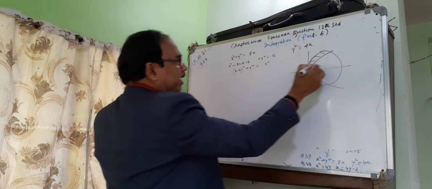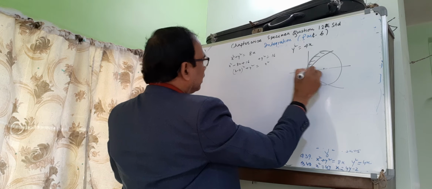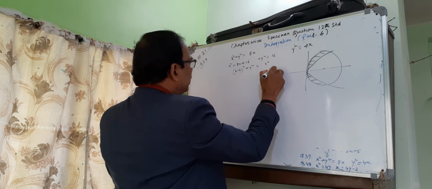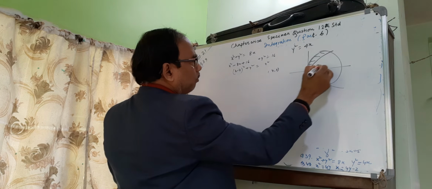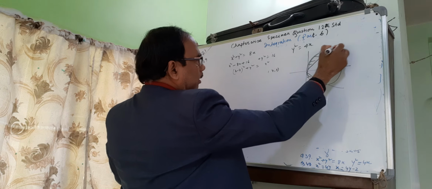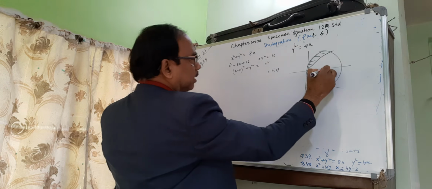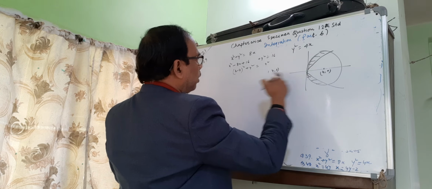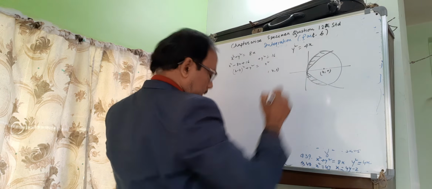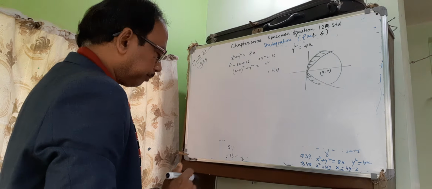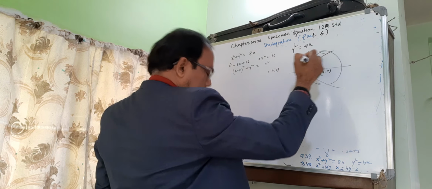So here radius is 4, center is (4, 0). Center is (4, 0), radius is 4. Now solving this, center is (4, 0) and radius is 4.